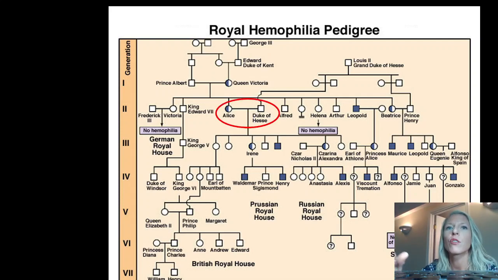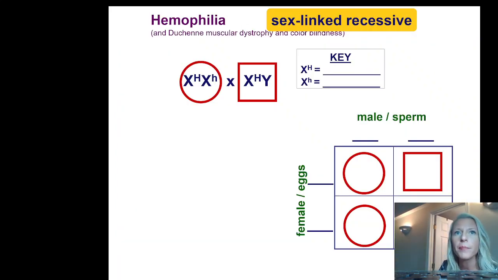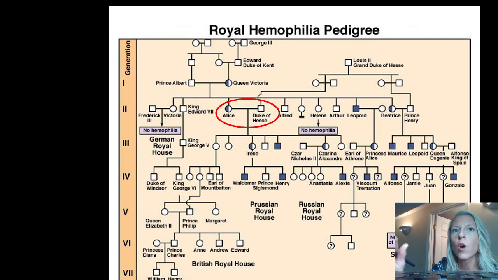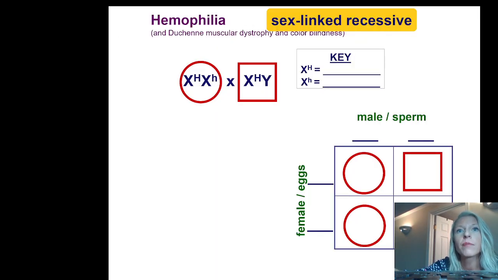Let's look at Alice and the Duke of Hesse. Let's draw this out. One person is a carrier and one is unaffected.